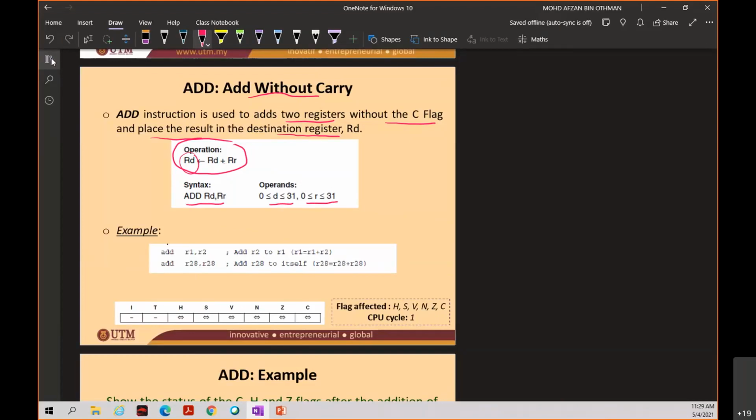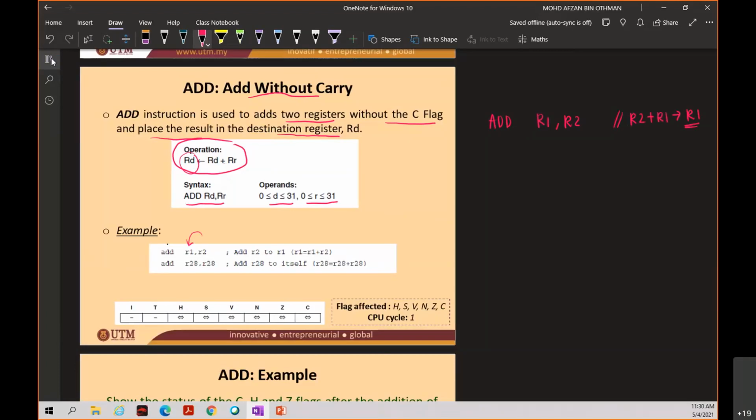For example, you're going to add R1 and R2 and put the result to R1. You just simply use ADD R1, R2, which means R1 plus R2 and put the result to R1.